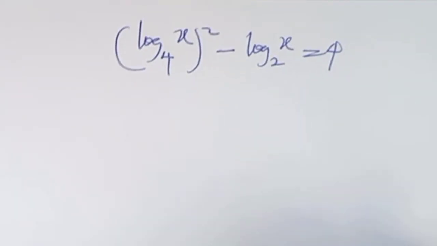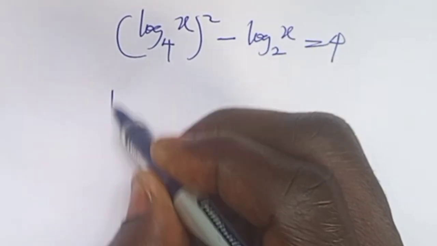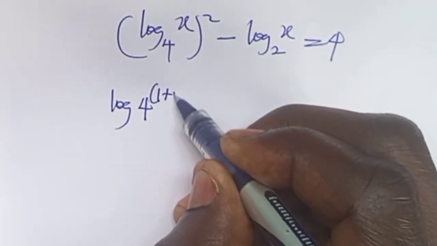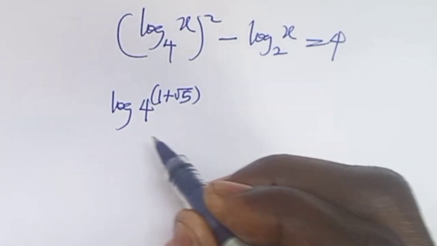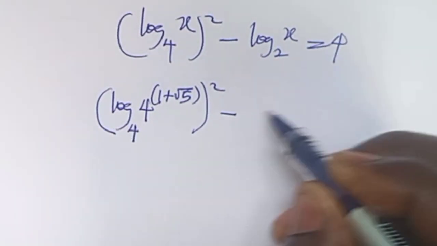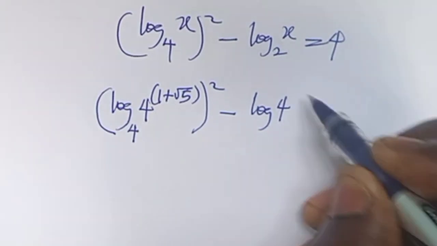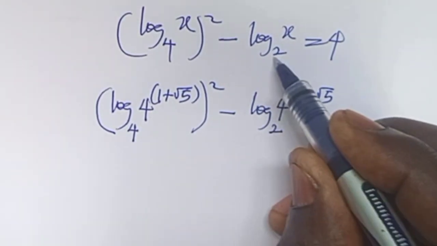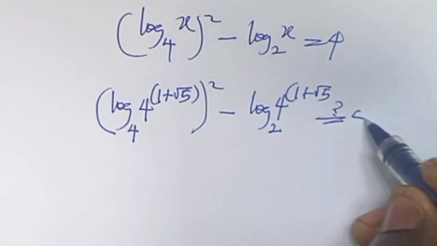So here we're going to have log 4 to the power of 1 plus root 5 base 4 all to the power of 2 minus log 4 to the power of 1 plus root 5 base 2. Can this be equal to 4?